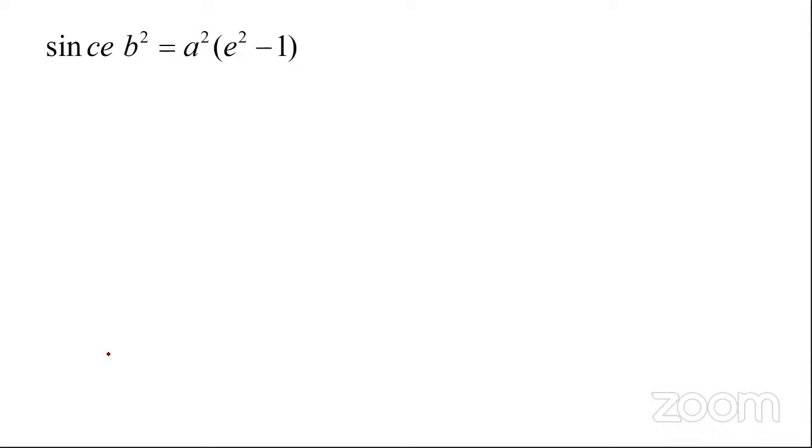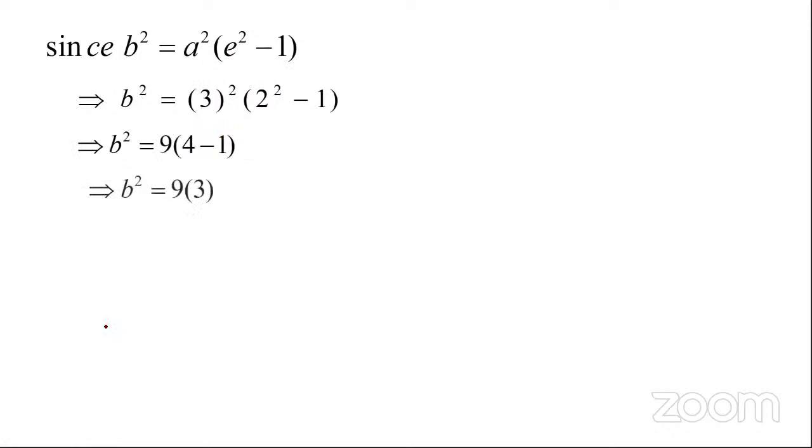We know a is 3 and e is 2. Substitute there: b square equal to 3 whole square of 2 square minus 1. Then 3 square is 9, so 9 of 4 minus 1.